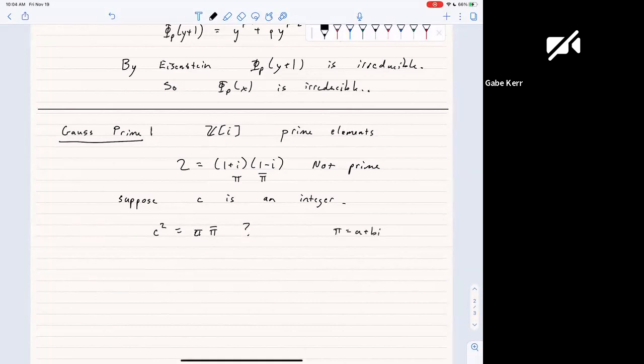It's a Gauss number, right? And if it's equal to such a factorization, then this is a plus bi times a minus bi. What's that equal to? A squared plus b squared.